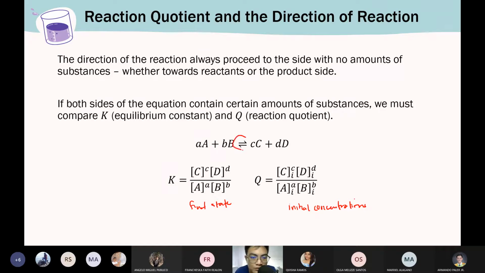Remember, this is a two-way direction, right? So where are you going? It's either to the right or to the left, because you have two directions. In order for you to know which direction you will proceed, there are two parameters you have to know, the Q and the K. The K is the final state, where you are going. The Q is the initial state, where you currently are.